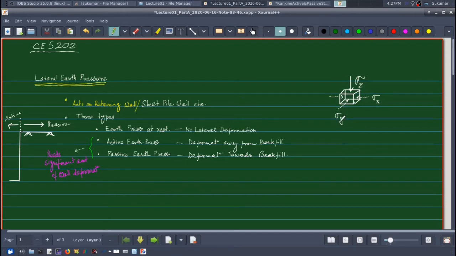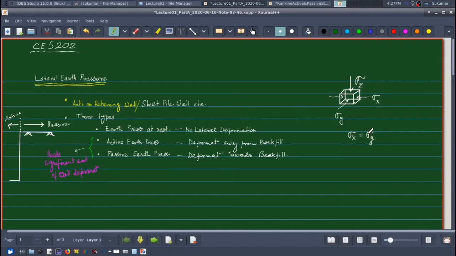Alright, and if my soil is isotropic and homogeneous, then at some depth z, when sigma z is the vertical stress, then sigma x and sigma y will usually be equal if the element is within a soil mass which is homogeneous and isotropic, right?